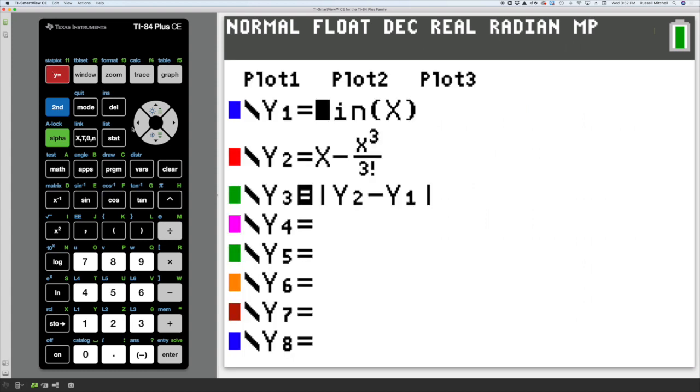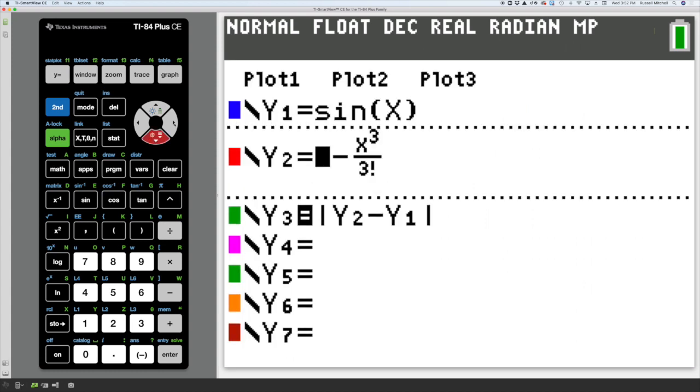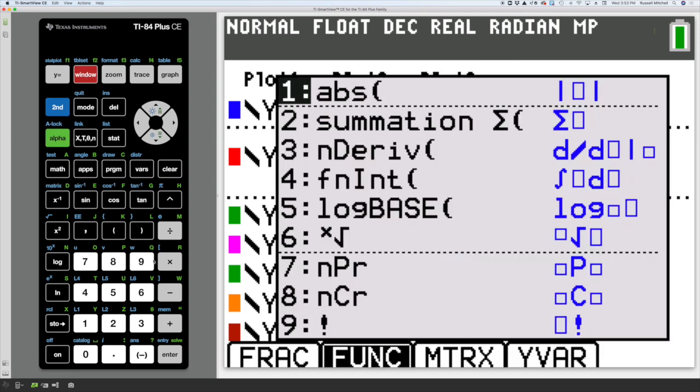So y equals, let's come down here, and then plus alpha x, and then x to the 5th over 5 factorial.